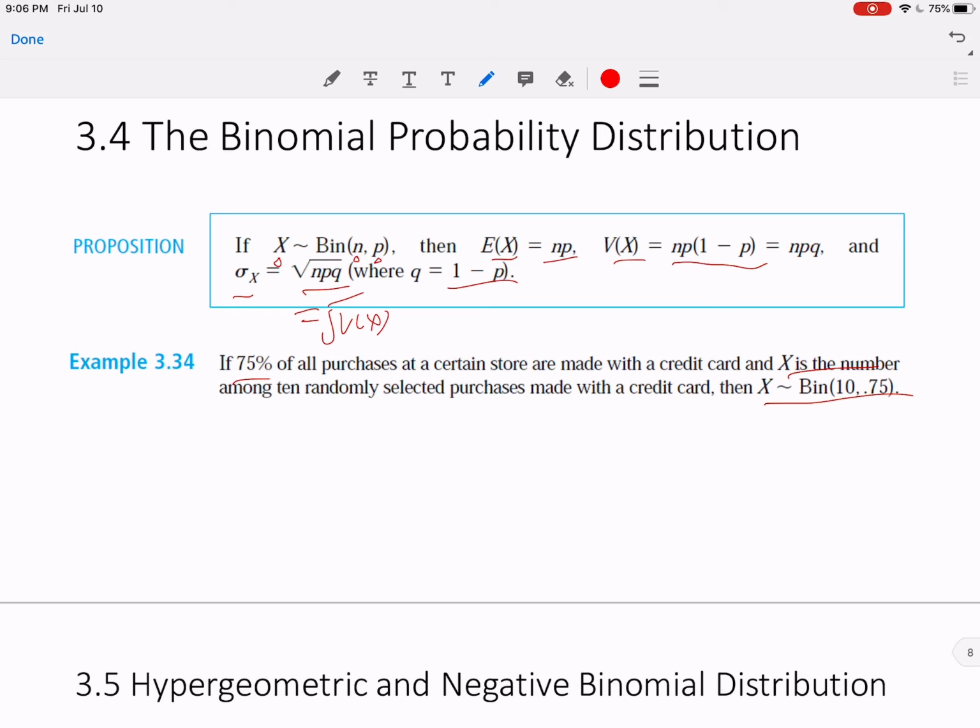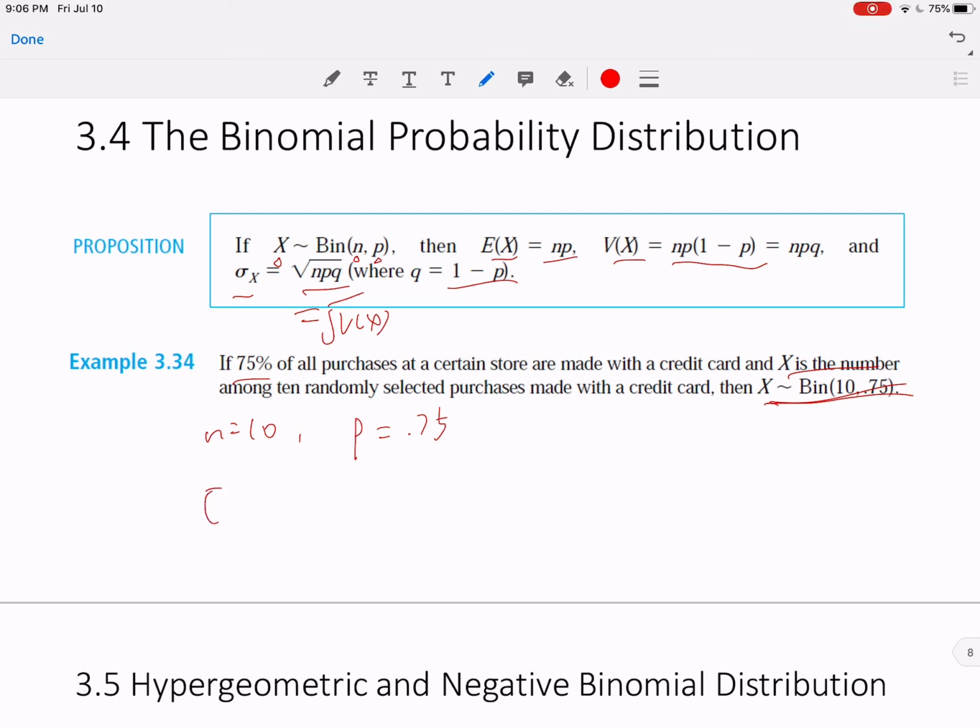So there are only 2 possible outcomes, and this is a binomial distribution. And n is equal to 10, and then p is equal to 0.75. So we say that X follows a binomial distribution with n equal to 10, p equal to 0.75.